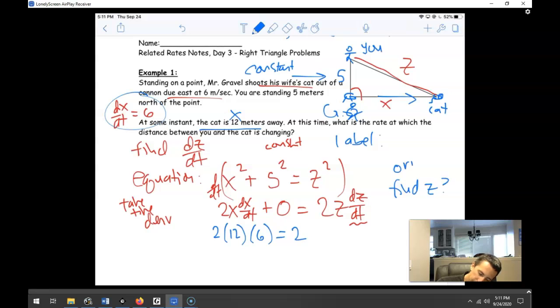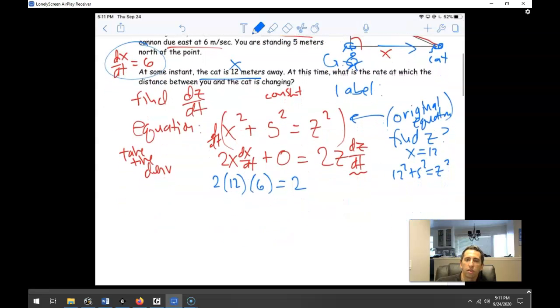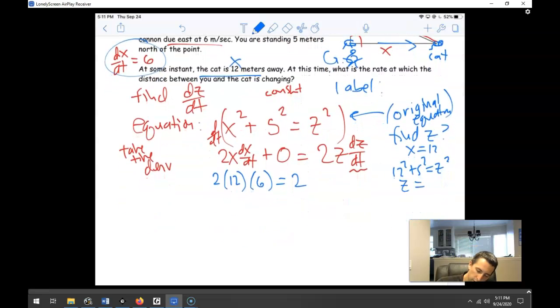When I need to find a variable, I'm always using an original equation, not a derivative. So I'm going back to the Pythagorean theorem. When x is equal to 12, that's 12 squared plus 5 squared equals z squared. You can use your special triangles or whatever. You know z is 13. Okay, great. So that's 13 times dz/dt.